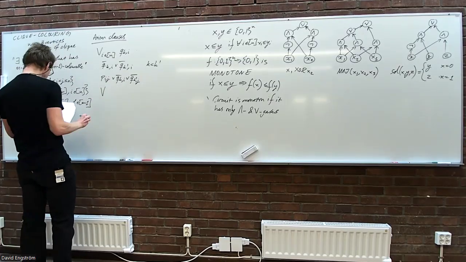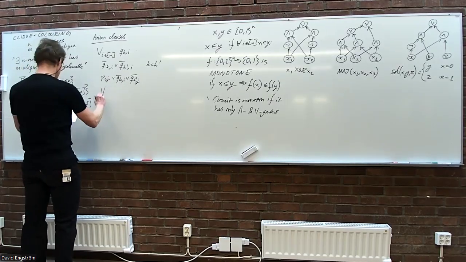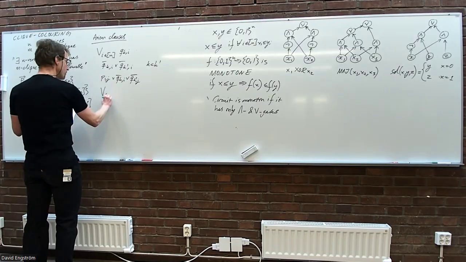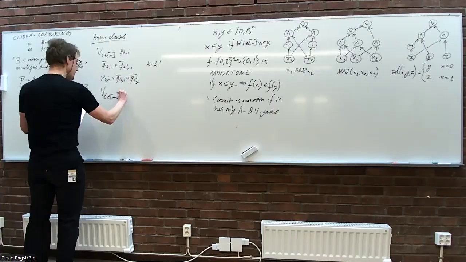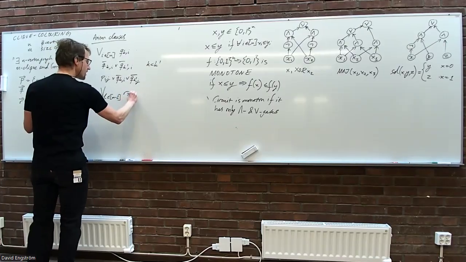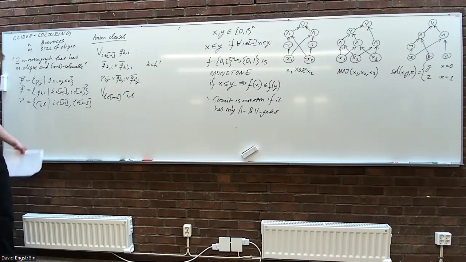And then I also say for every vertex i, I do a big OR over all the colors, and I say that vertex i has some color ℓ.